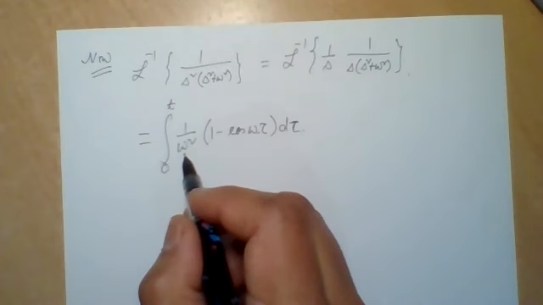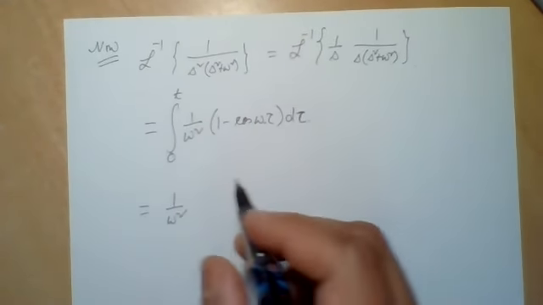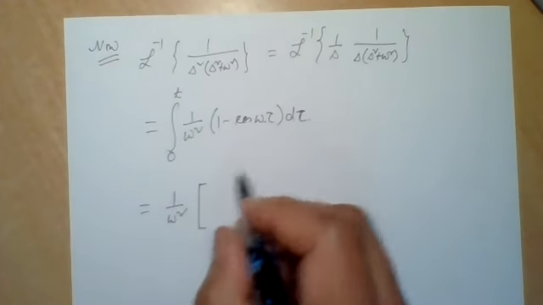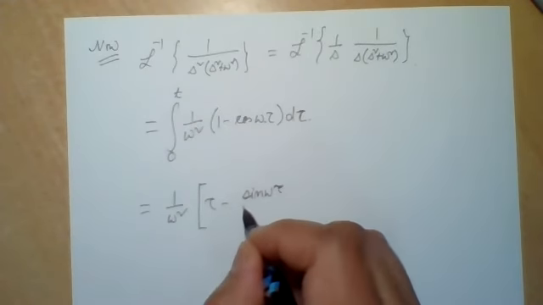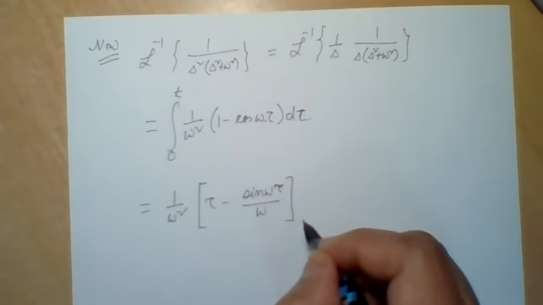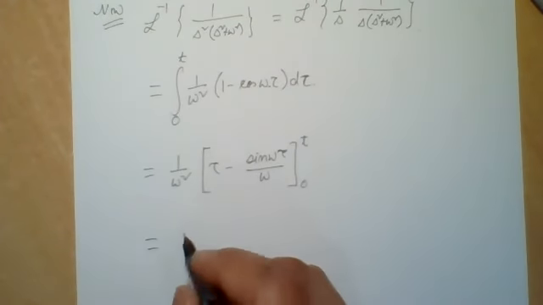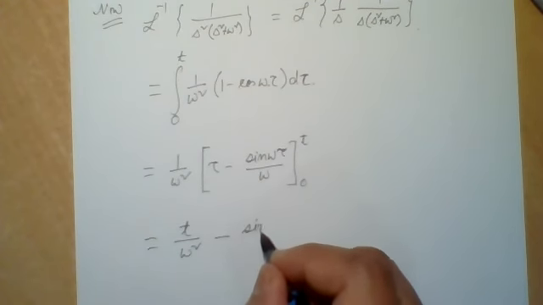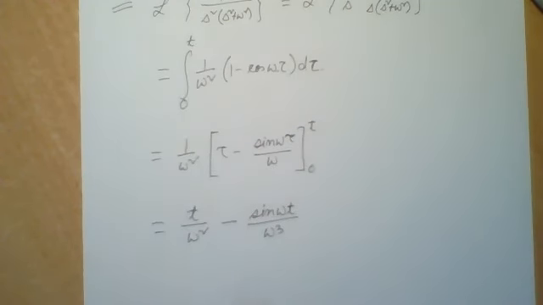Now 1 by omega squared is a constant, it can be taken outside. So this is 1 by omega squared times tau minus sine omega tau divided by omega, with the limit 0 to t. This is nothing but t by omega squared minus sine omega t by omega cubed. Okay, so this is the required answer.